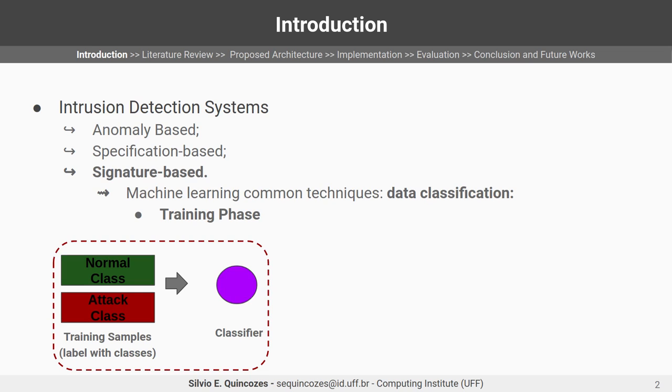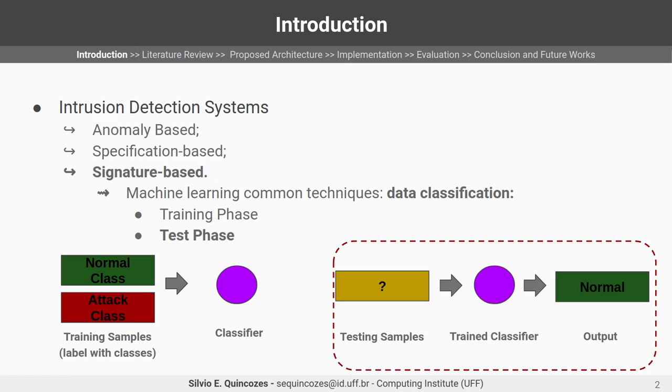The first is the training phase, where normal and attack classes are input to the classifier algorithms in order to build a model. Then, in the intrusion detection phase, the unknown samples are classified by the trained classifiers, and a final decision is output.